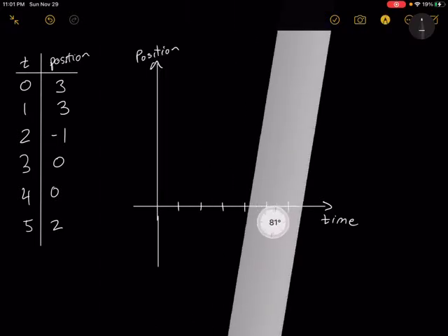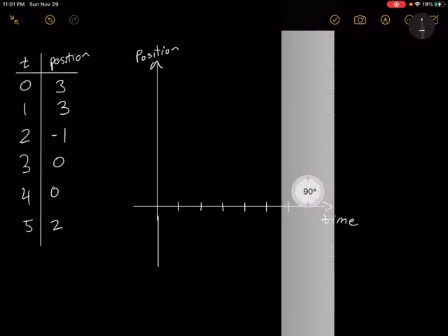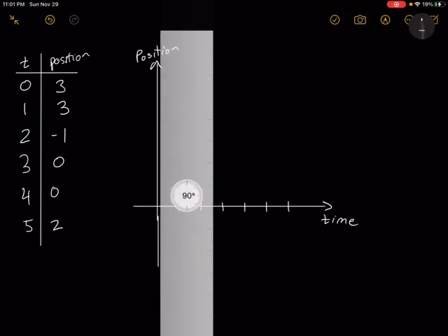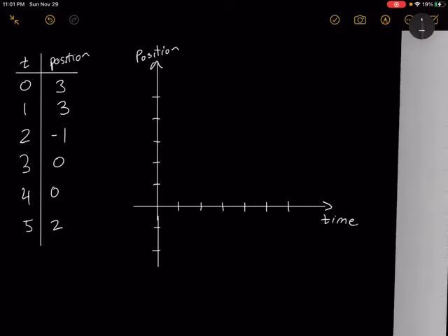Not perfect, but it'll do. And we'll get our ruler lined up. We'll go plus 1, 2, 3, 4, 5, minus 1, 2. Not super important that it looks pretty, but as long as you get the information across. So for those of you who say I can't draw, I wouldn't stress about it too much.